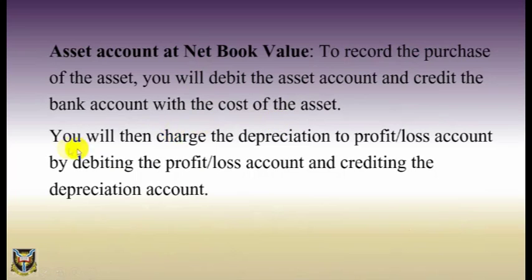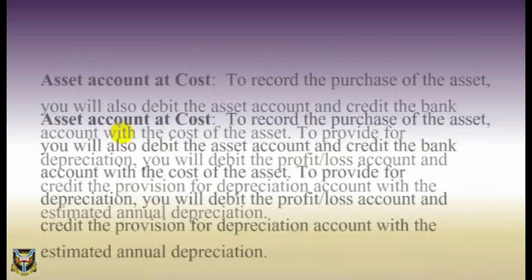To provide the depreciation, you debit the depreciation account and credit the asset account with the estimated annual depreciation. You then charge the depreciation to the profit and loss account by debiting the profit and loss account and crediting the depreciation account.